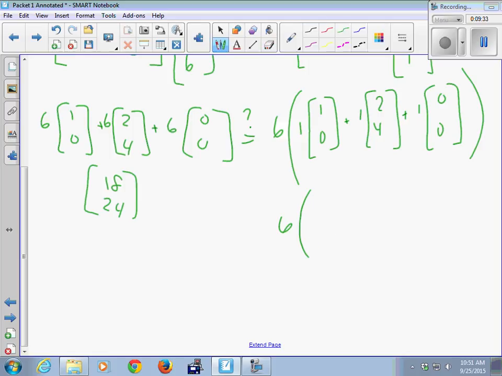So I have 1 plus 2 is 3, 0 plus 4 is 4. And 6 times the vector 3, 4 is 18, 24. Okay. So that's what it means to be a linear transformation. It means that it preserves addition and it preserves multiplication.